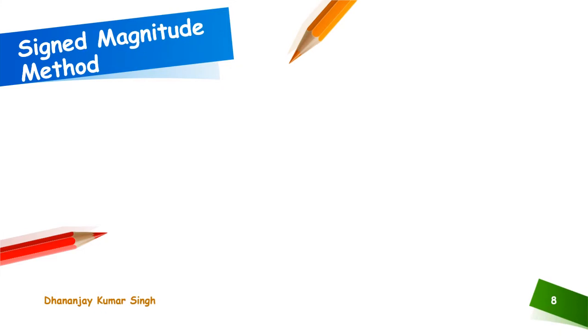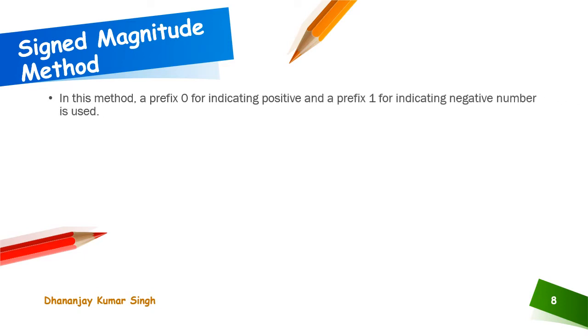Let's understand the signed magnitude method. In this method, a prefix 0 for indicating positive or prefix 1 for indicating negative number is used. Means if the number is positive, on the left side we put 0, that indicates the number is positive.